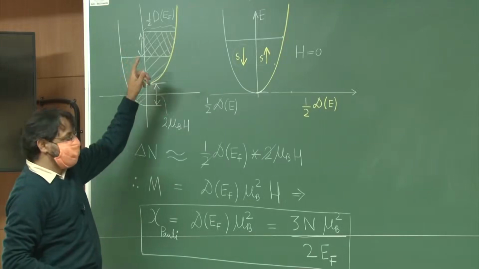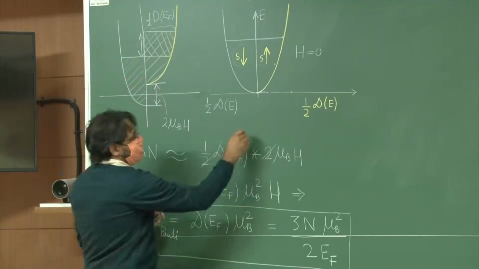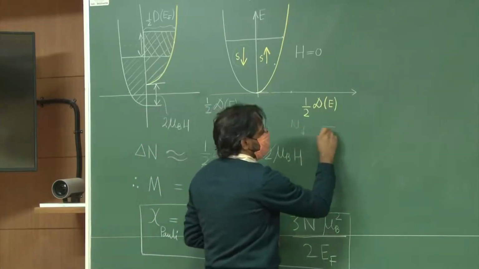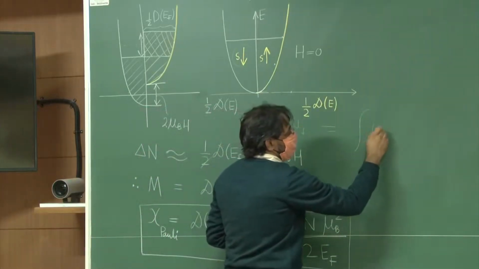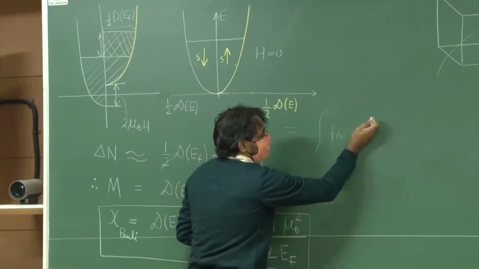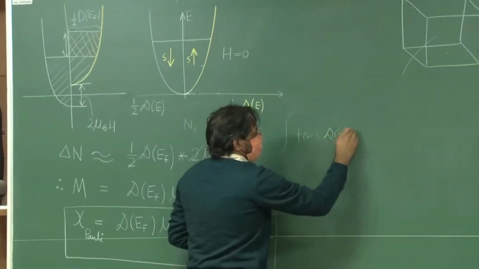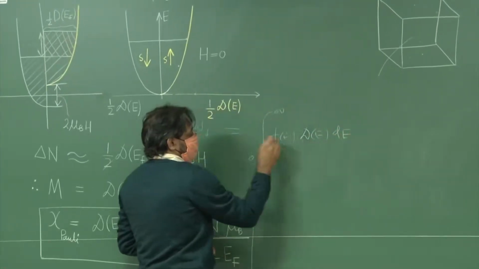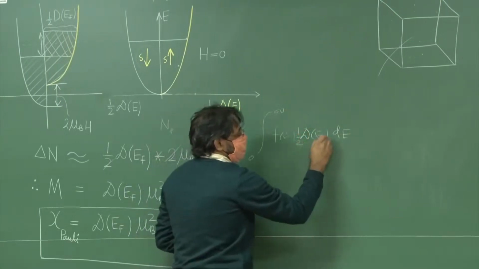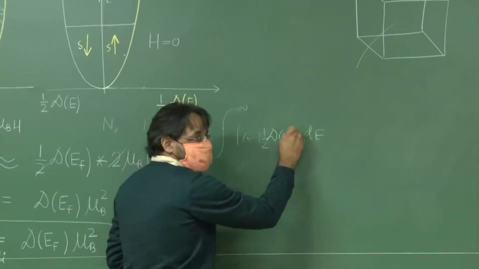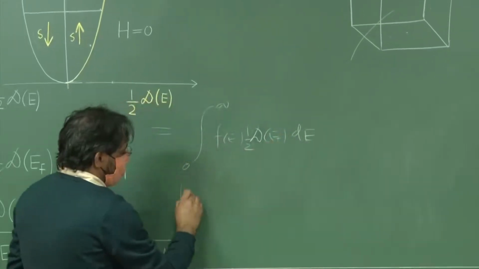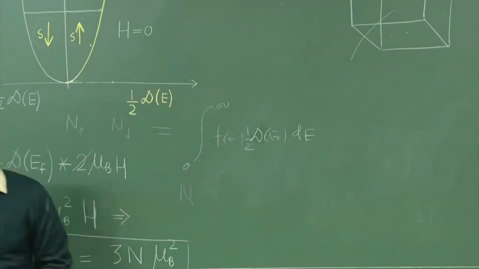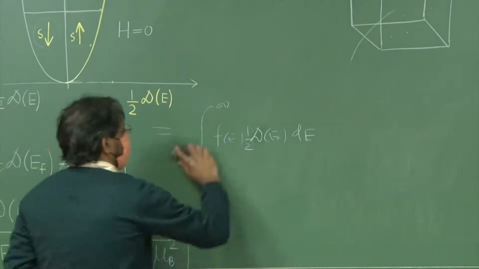You have to basically find n up and n down, and any of these is nothing but the integration of f(E) dE, and then you integrate it from 0 to infinity, and this will be 1/2, and then you have to change E by E plus mu_B h, and similarly for n down you change E by E minus mu_B h and do the integration. It's not that difficult. You can do that.